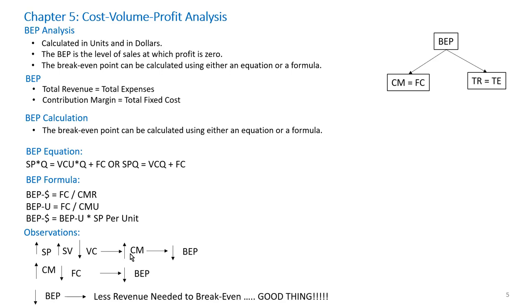If our contribution margin increases and our fixed costs either remain the same or decrease, our break-even point will decrease. A decreasing break-even point means that we will reach a break-even point with less sales revenue or fewer sales units.